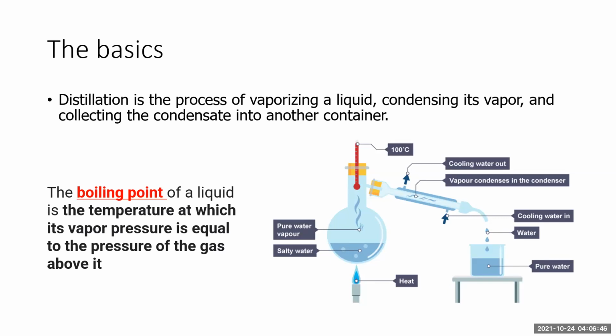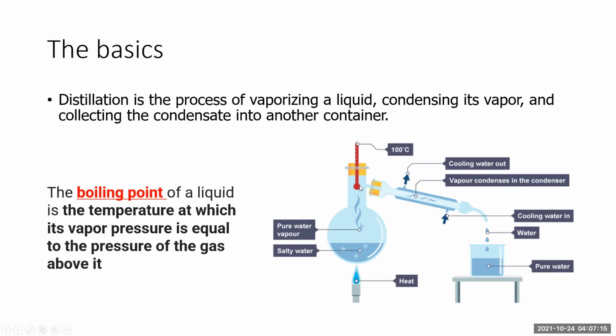Distillation is the process of vaporizing a liquid, condensing its vapor, and collecting the condensate into another container. What we can see happening here is some sort of heat source is being applied to, in this case, a solution of salt water. And since salt is not volatile, only pure water will evaporate and turn into water vapor.